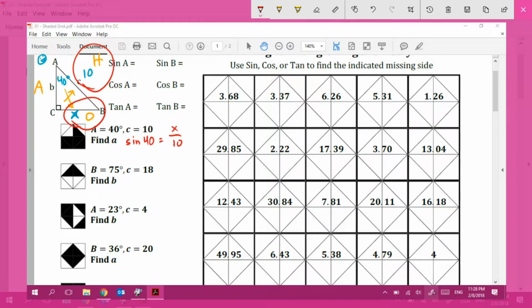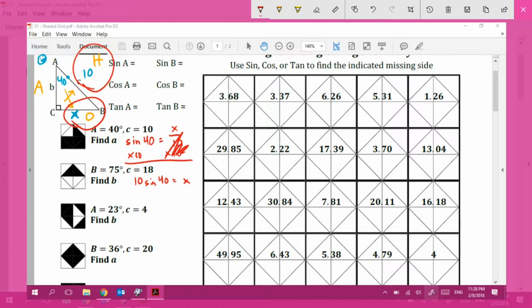Now we want to find X, because X is that side length. So if we want to get X alone, we're going to multiply both sides by 10. And that would cancel out this, and then we would have 10 sine of 40 equals X. Now if I want to get the answer for what 10 sine of 40 is, you're going to grab your calculator and plug it right in. 10 sine of 40, type that in, press enter, boom, 6.43.